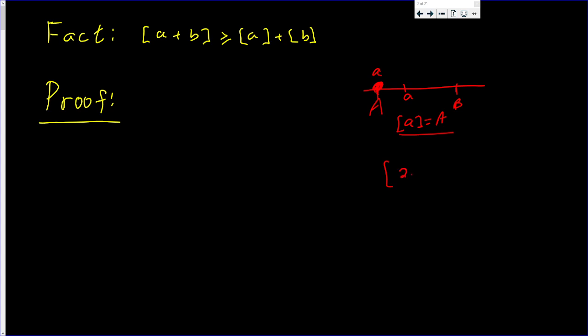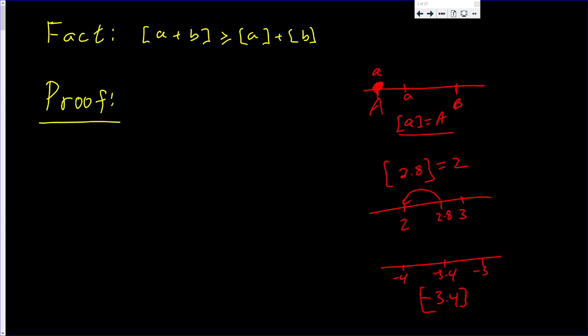So if you have 2.8, that's between 2 and 3, and unless it's an integer, you always go to the integer right below it. If you have negative 3.4, that number happens to be in between negative 4 and negative 3. The greatest integer is going to be negative 4.